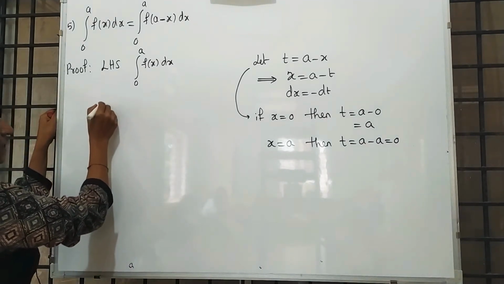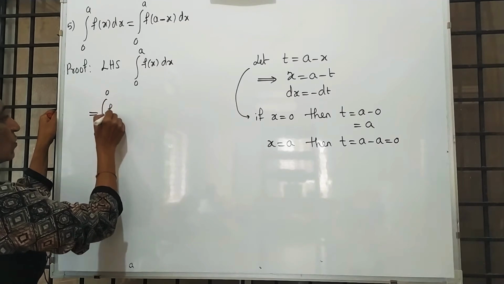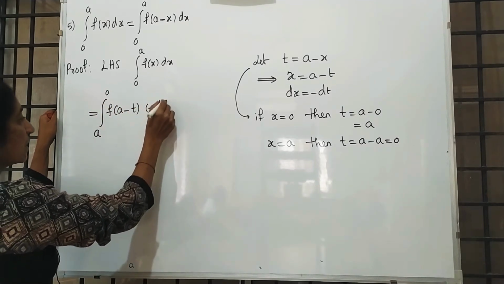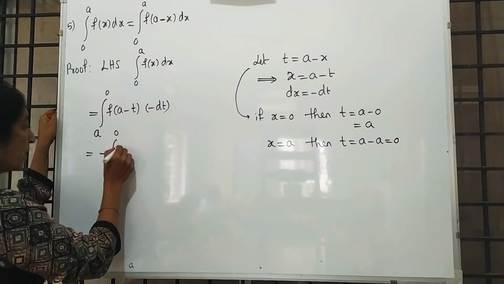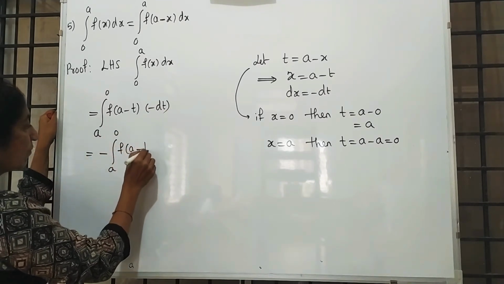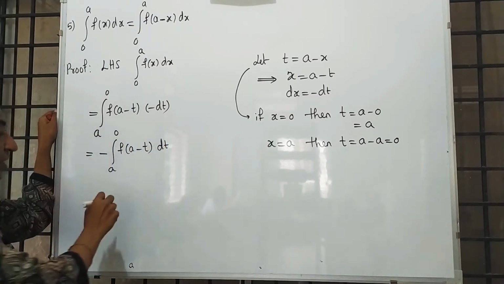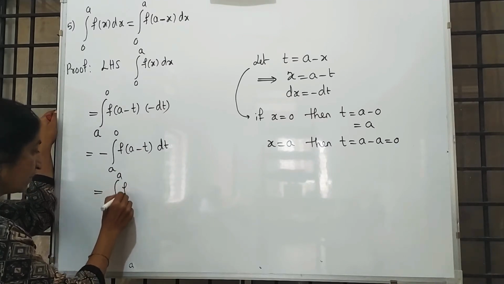So the given integration is, in place of 0 we have a, here it is 0, f of a minus t times minus dt. Take minus outside, a to 0, f of a minus t into dt. Now I am interchanging the limit. When you interchange the limit, the sign will change.